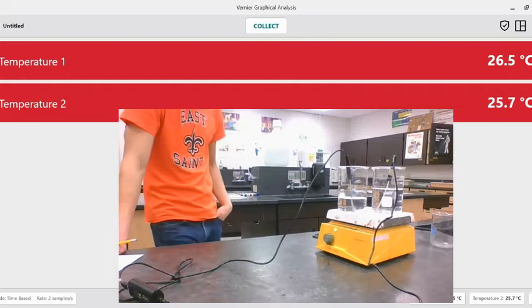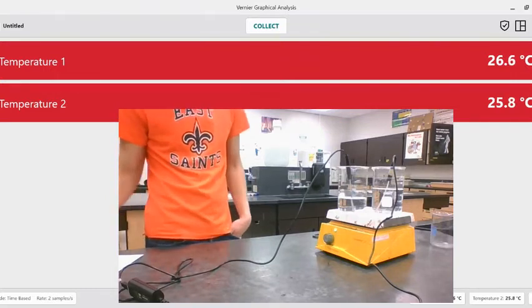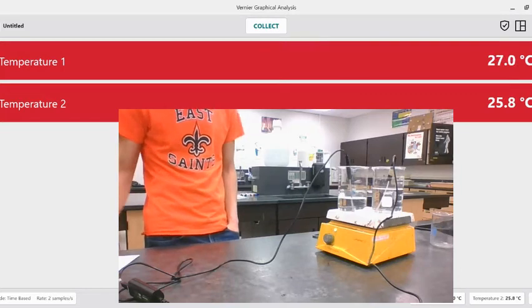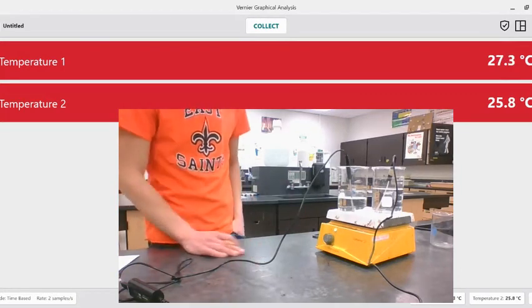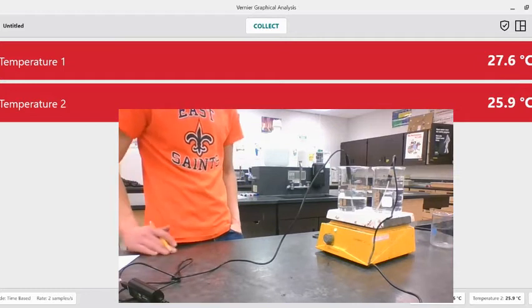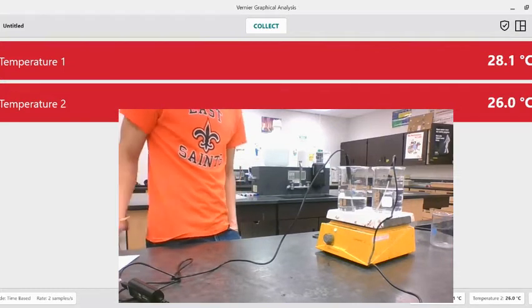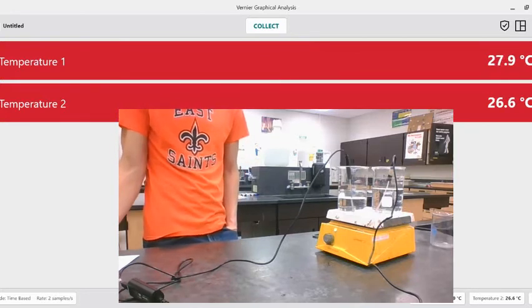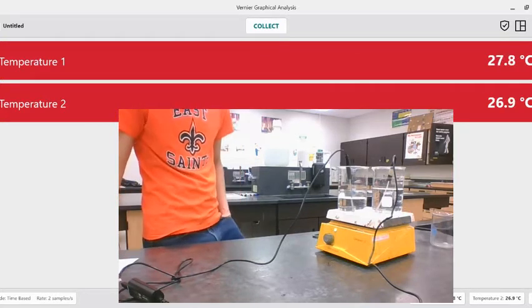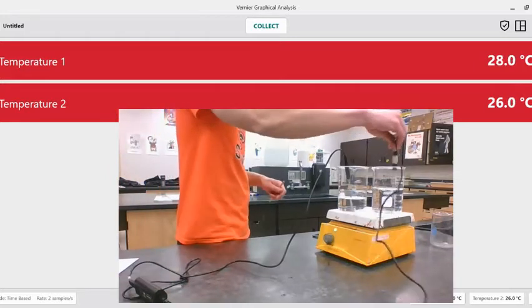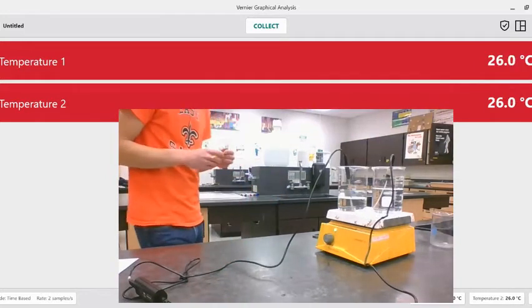Okay, so we're going to heat these up. We're going to see what happens when they get up to 40 degrees Celsius. They're both on the same hot plate, so they're both getting the same heat input, right? And we're going to see, does one of them heat up faster? Does one of them heat up slower? Or is it the same? And we'll see from there. I'm just going to mix these up a little bit. Sometimes that helps.